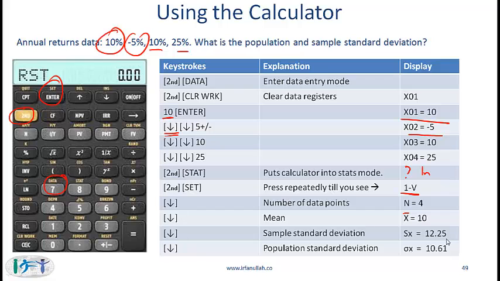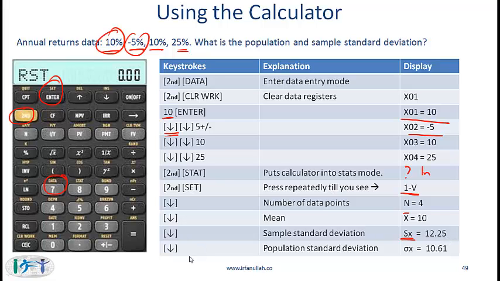There might be more decimal places depending on how your calculator is set. So this stands for the sample standard deviation. The calculator obviously doesn't know whether this is a sample or a population. So it says that if these 4 data points are a sample, then the standard deviation is 12.26.